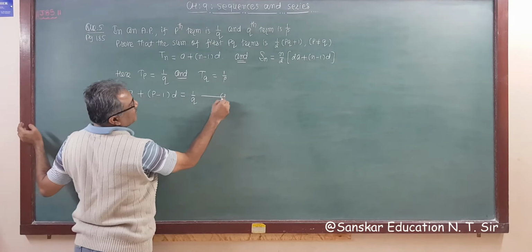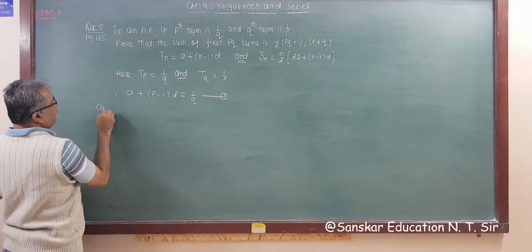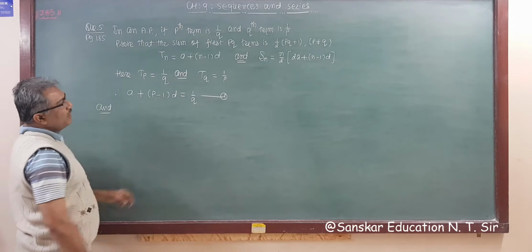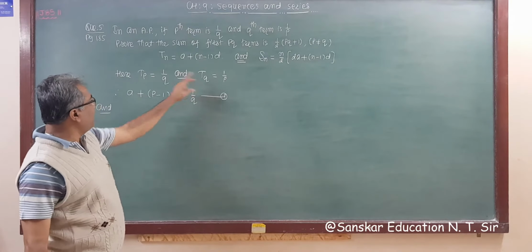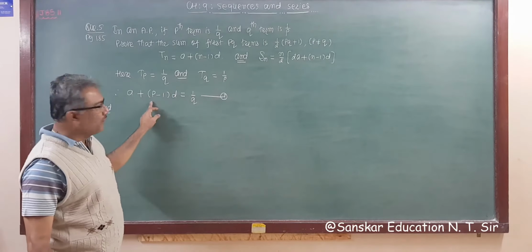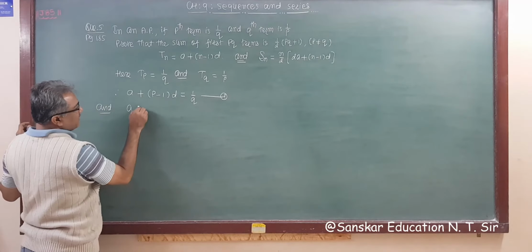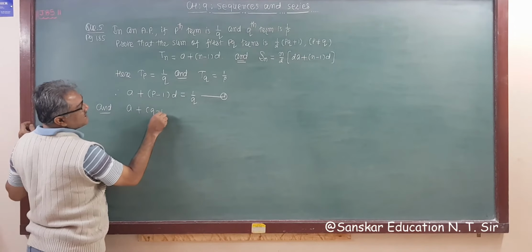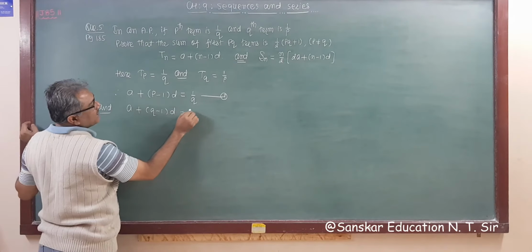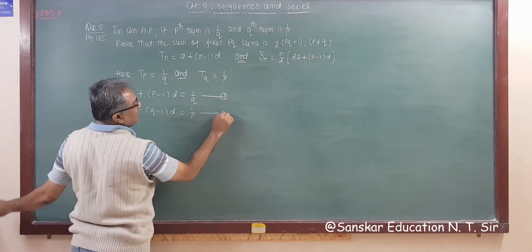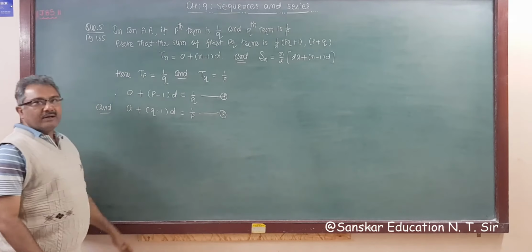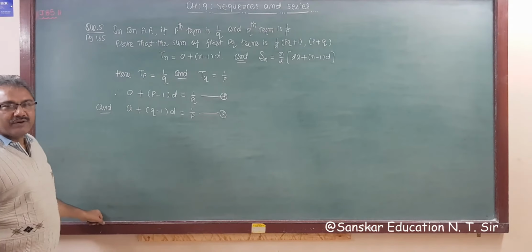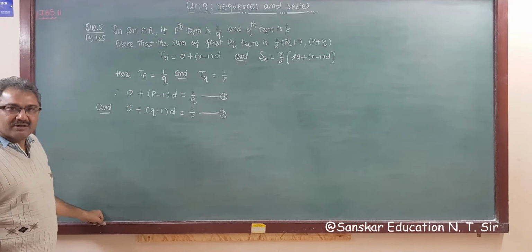Say result number 1. And for Tq, instead of p, now we substitute q. So a plus (q minus 1) into d is equal to 1 upon p. Say result number 2.